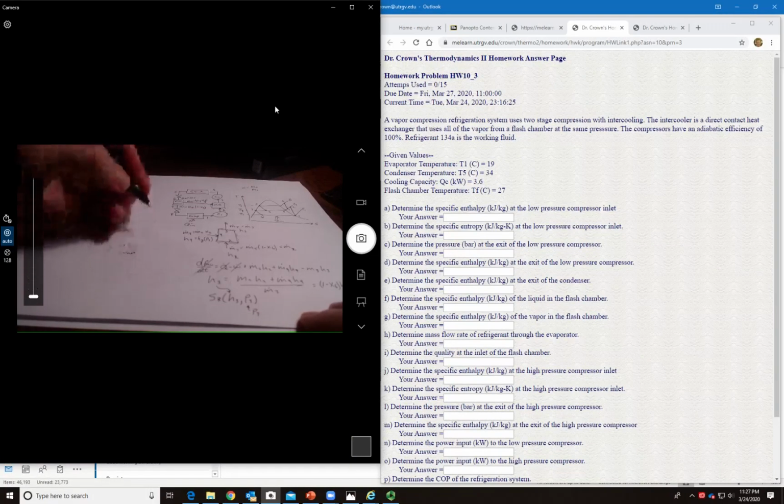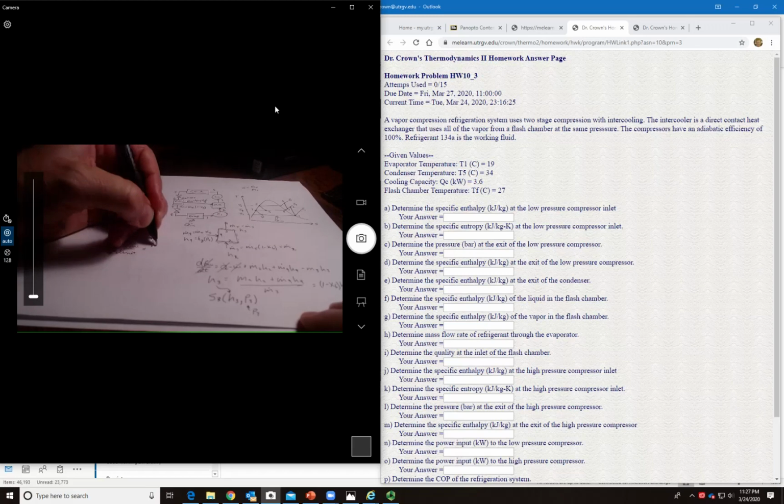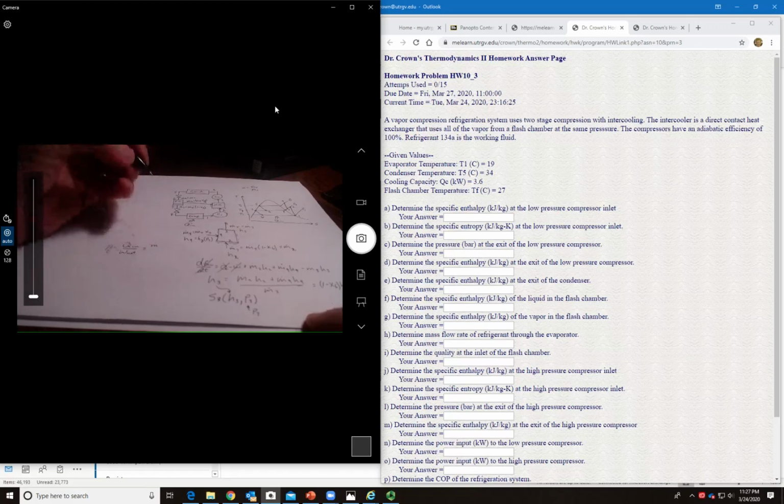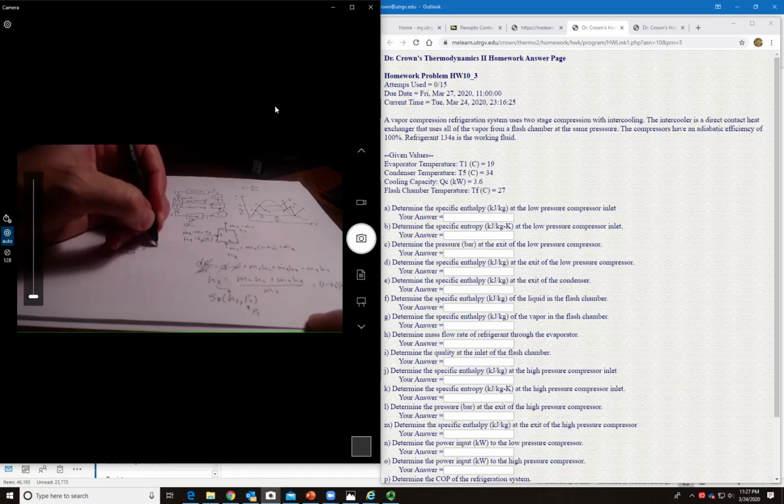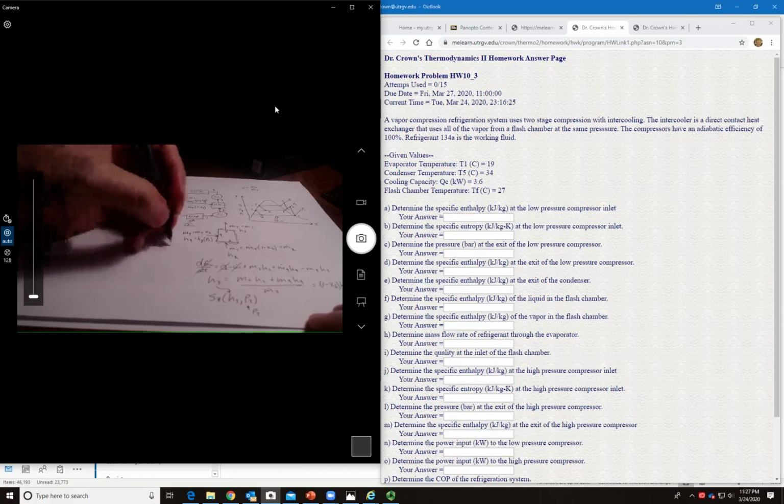So this is going to be, Q in is m dot 1, which is the same as m dot 2. Let's just call it m dot 2 since we had it there. All right, let's write that again.